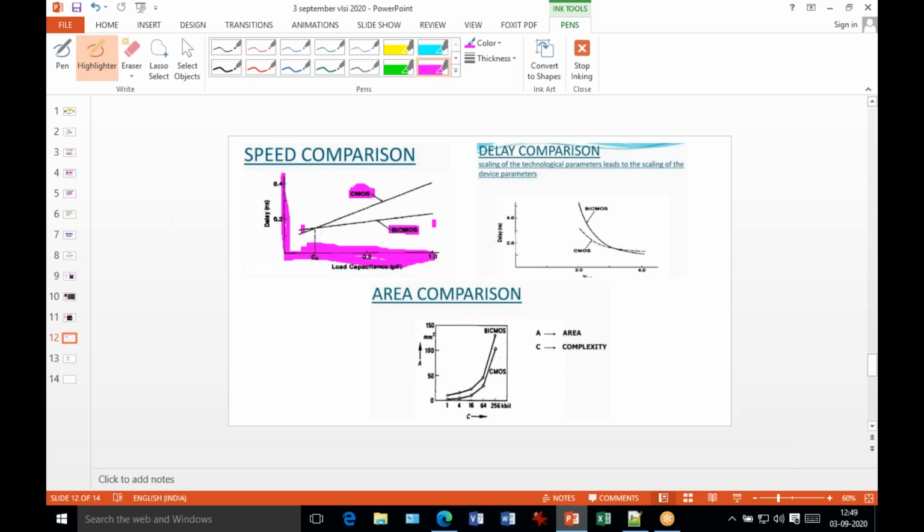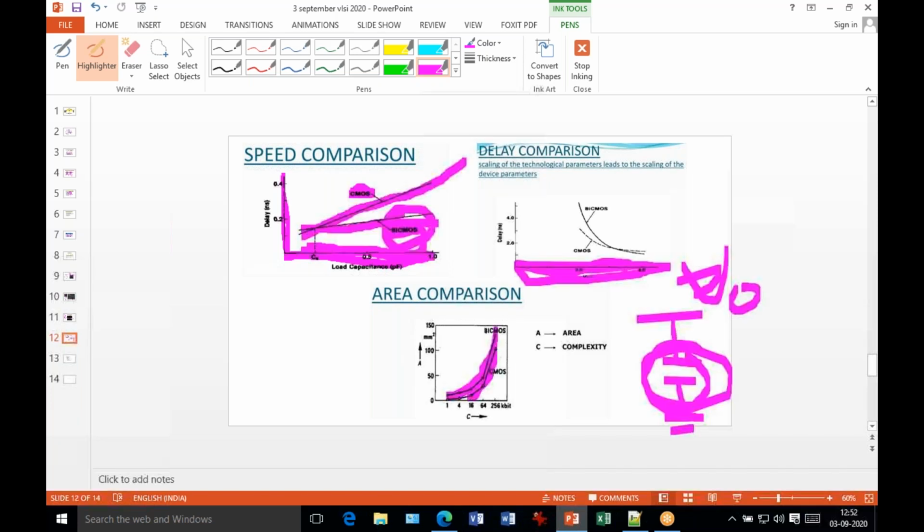So here, one thing, the area factor is something high as compared to CMOS, because you are using two extra bipolar devices in case of the inverter. That means the complexity of this circuit is high as compared to CMOS.